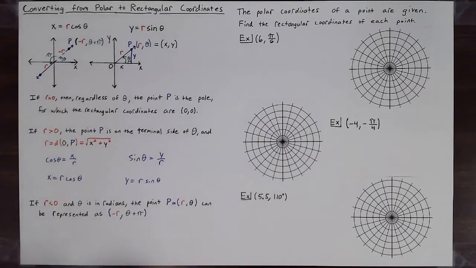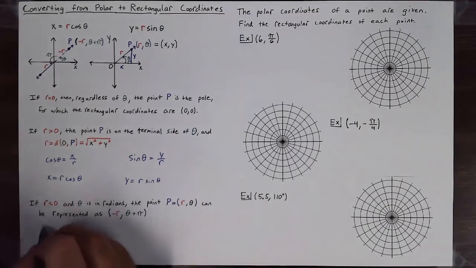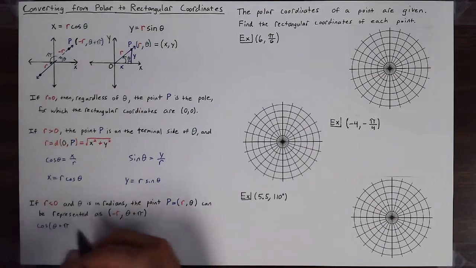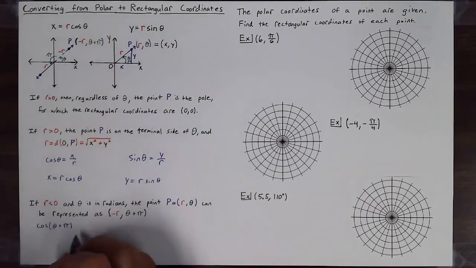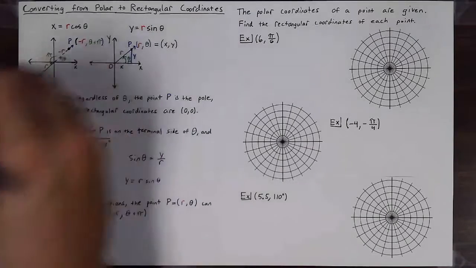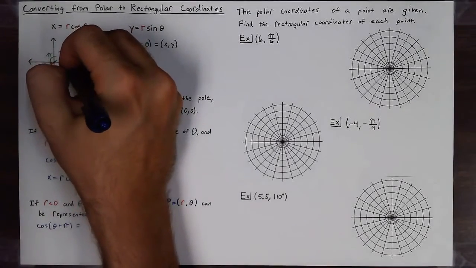So in this case, I can say that cosine of theta plus pi is equal to, again, I need to drop my vertical here.